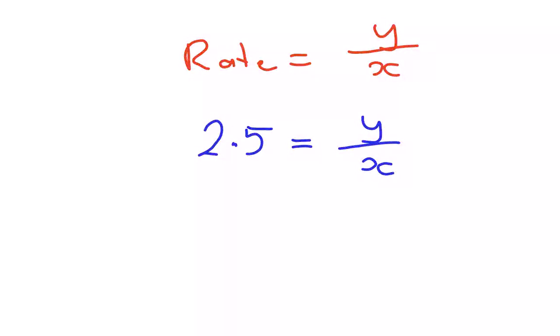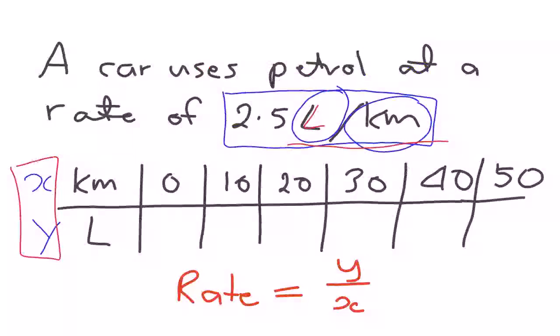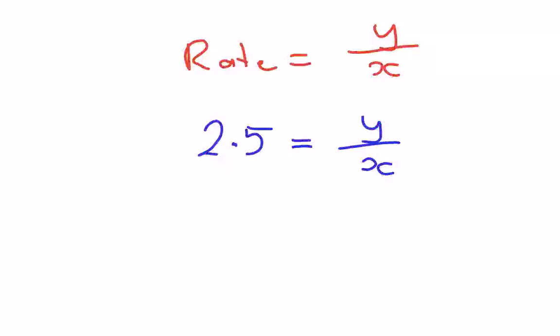Now, if we have a look at the table that's here, you can see that all the values for x have been given across here. So what we need to do is create a formula that gives us an answer for y, keeping in mind that we have all the values for x.